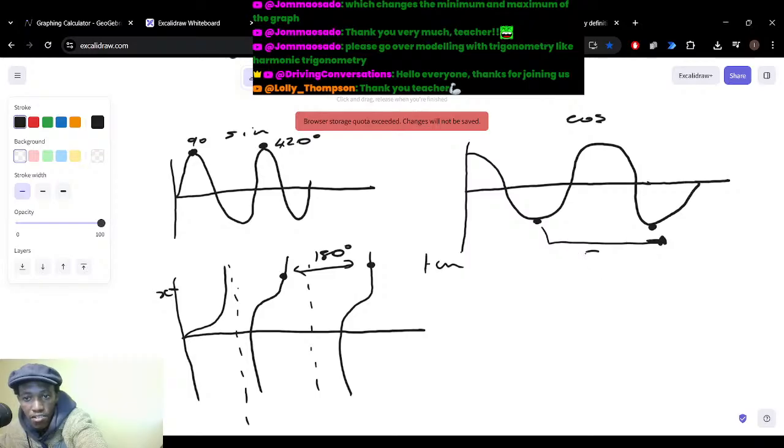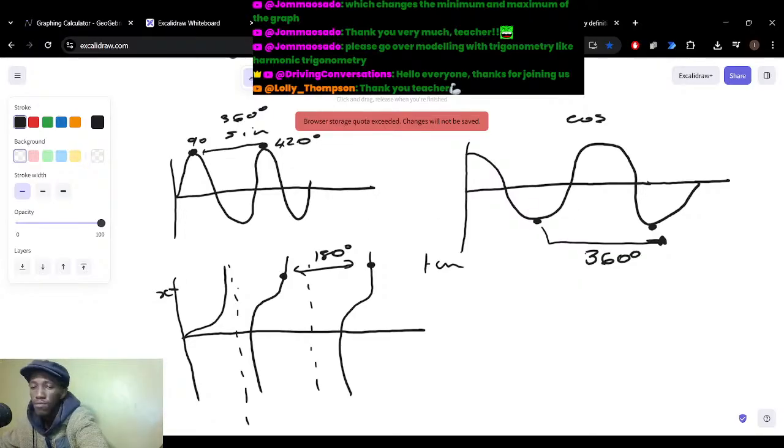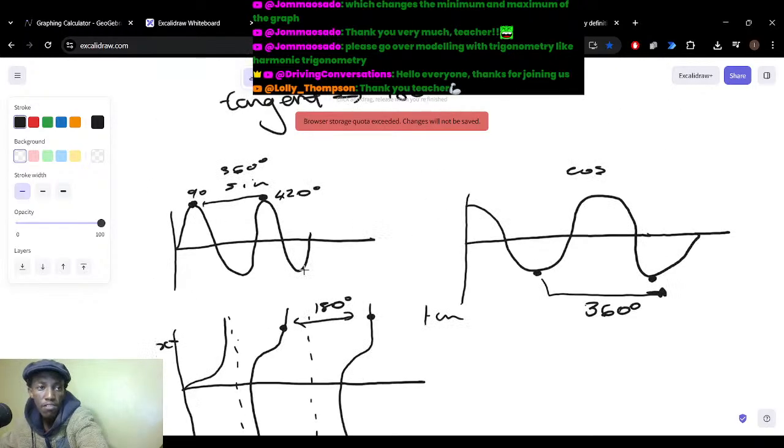Here is 360 degrees. Same here is 360 degrees. So that is it for our periods for tangent, cosine, and sine graph. I hope that makes sense to everyone.